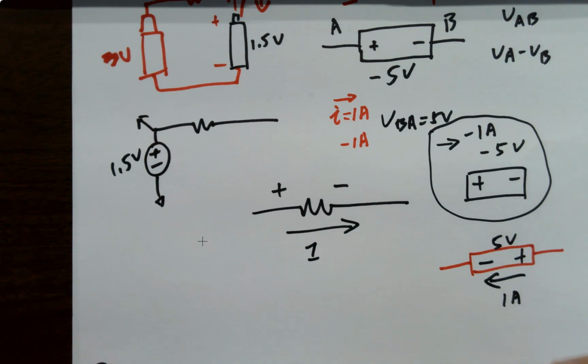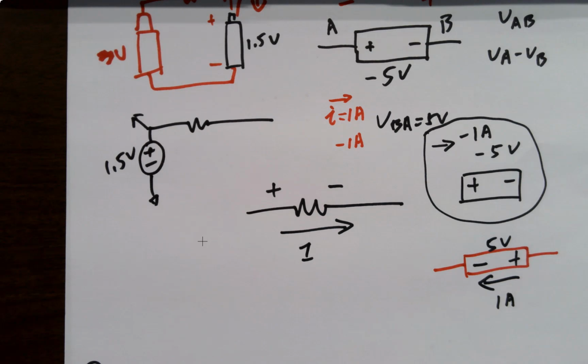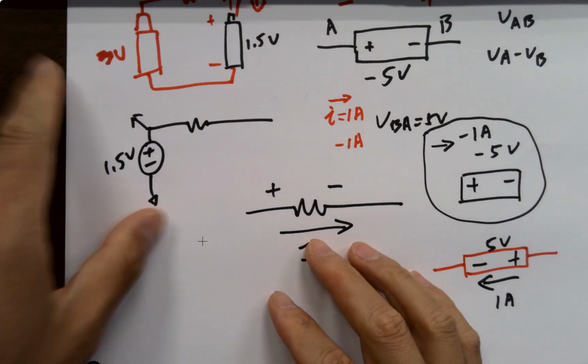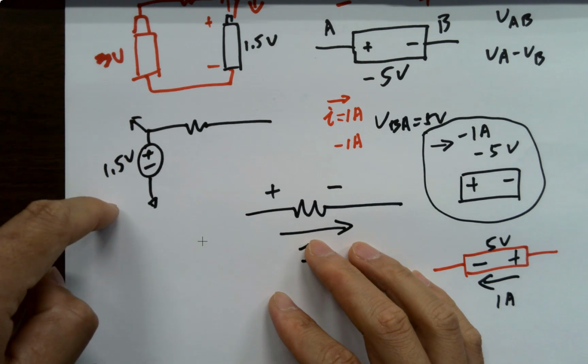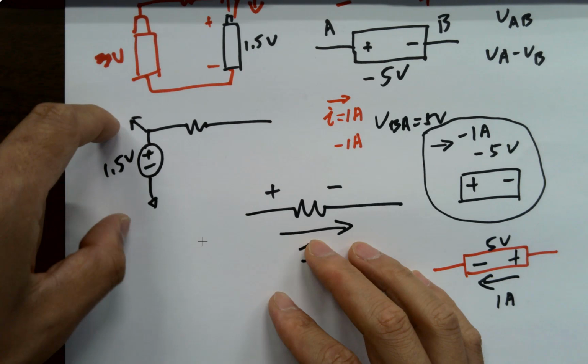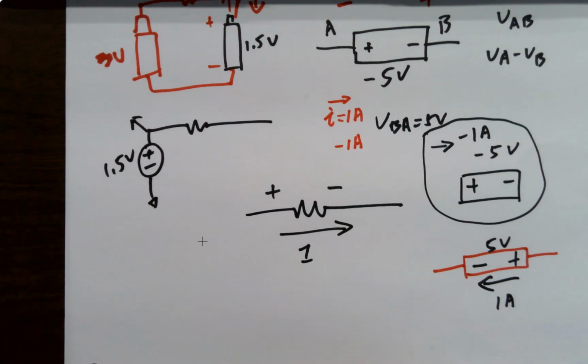It's 1.5, but why could I say what's the voltage here, like a node, like a point, because voltage is always a difference, right? It should be the difference between two nodes. It only makes sense because you have a ground. Yes, because I'm comparing that point to 0 volts ground, so it's going to be this point minus 0. It's still a voltage difference from this point to ground. So that's why I can say that.